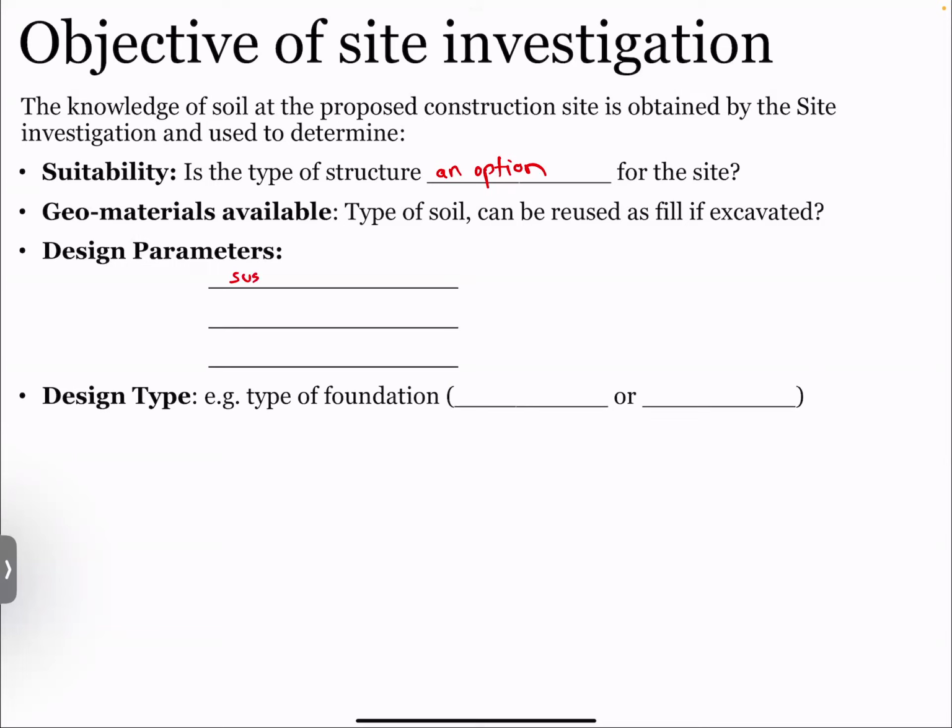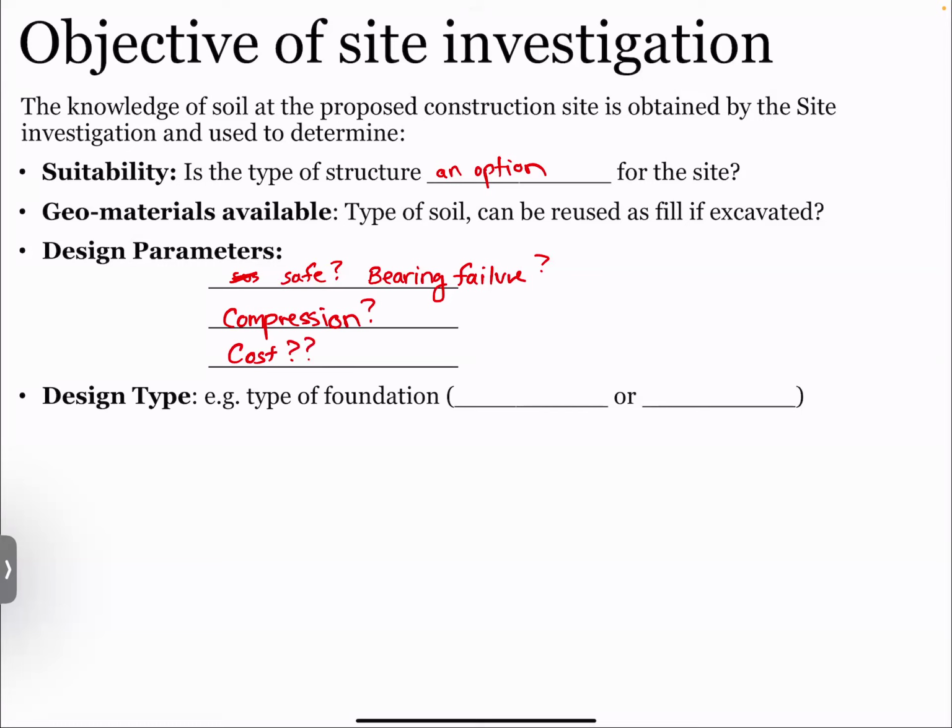I want to say, is it safe against bearing failure? Is it safe against compression? And then, of course, the cost of it too.